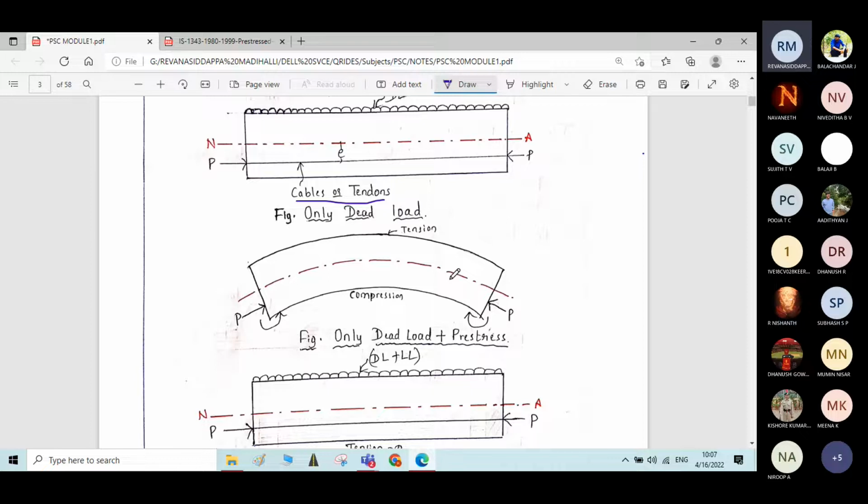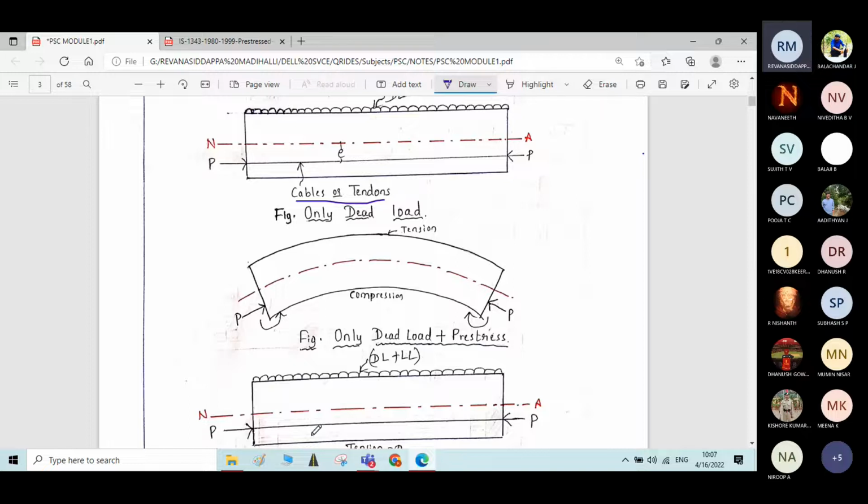This hogging bending moment of the beam will be there only for the condition of dead load plus pre-stress. When you apply the load, including the live load and the dead load, then the stresses caused by the load will be opposite to this hogging bending moment.